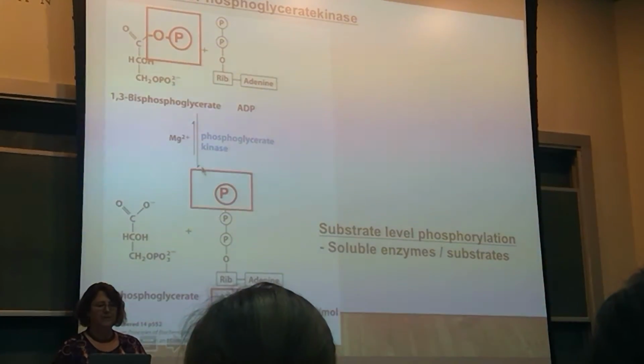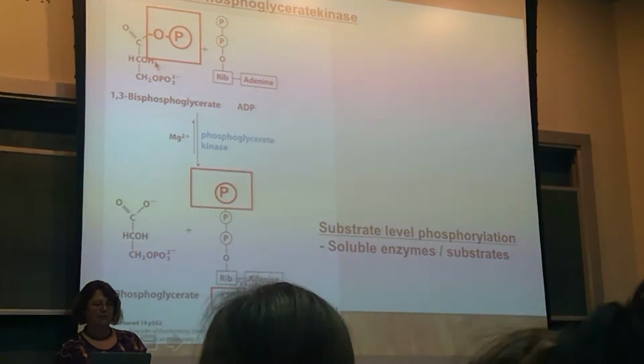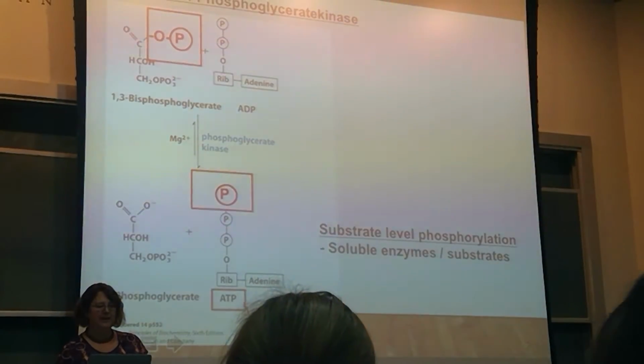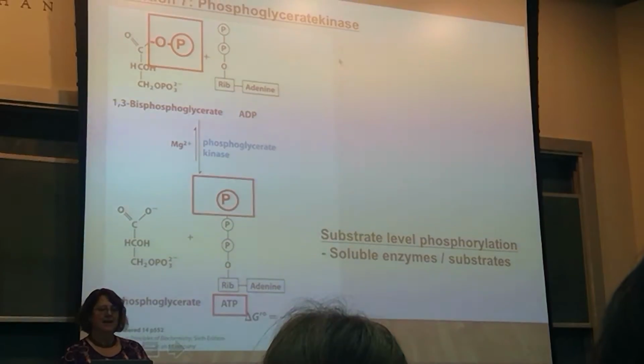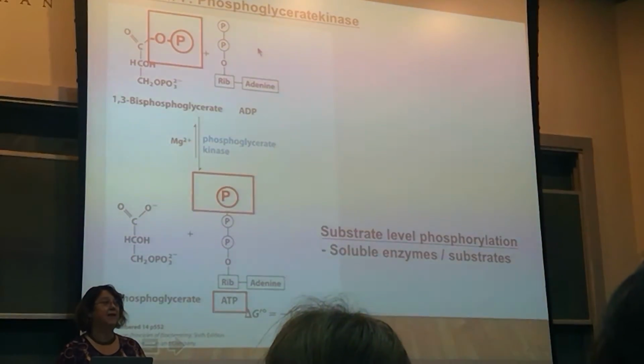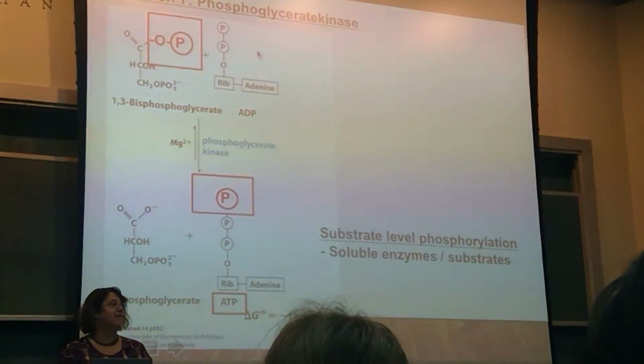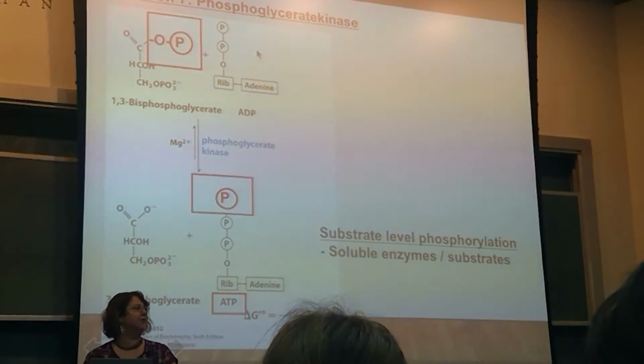So this is reversible, and if you go in this direction, you're adding ATP plus magnesium, putting on the phosphate, and taking it off of ATP. But in glycolysis, we're using it in the other direction.